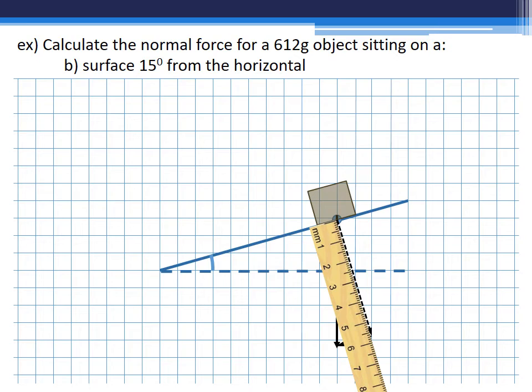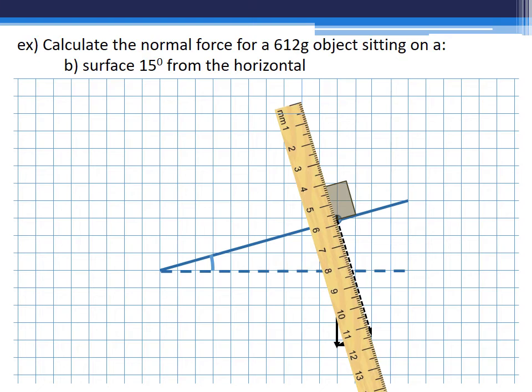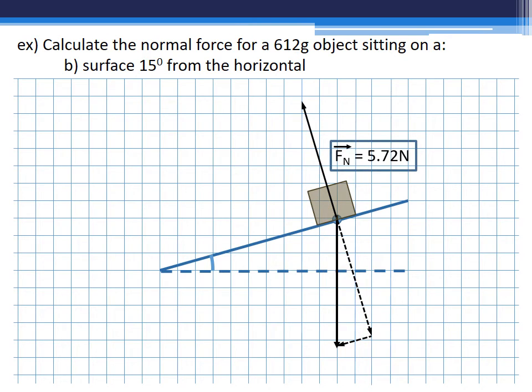And it's somewhere between 5.7 and 5.8, but a lot closer to 5.7 than 5.8. So I'm going to draw it at just over 5.7 centimeters long. And I'm going to write down my value of Fn, which is about 5.72 newtons, according to my diagram.